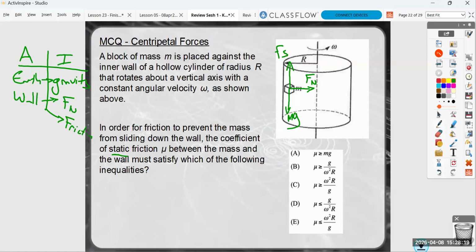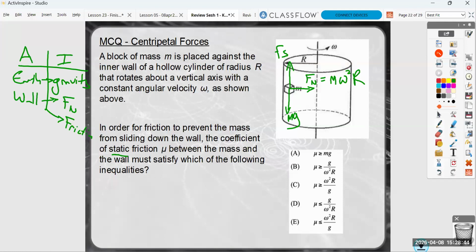So what do I know about my forces? The normal force is radial. It's mv squared over r. Now in this case, they've given us omega, so I'm going to write it as m omega squared times r. That's on your formula sheet. So that's my normal force.